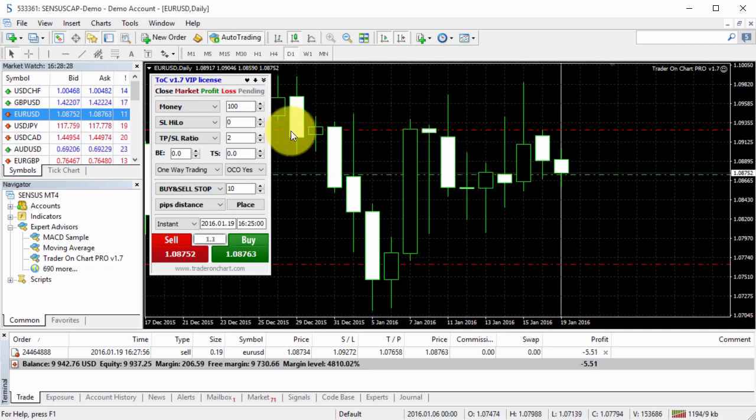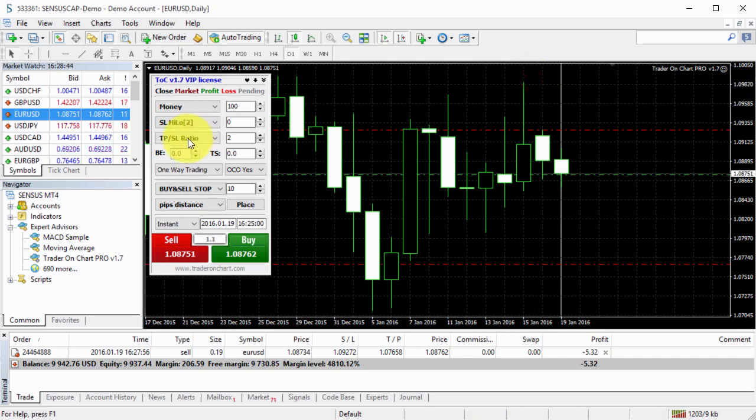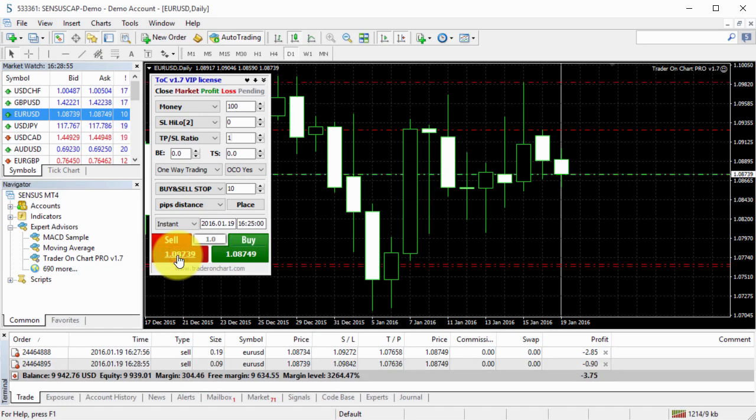Isn't it cool? So let's try another one. Let's try high-low 2. So this should use the second closed bar, price bar high, right over there as a stop loss. So let's say I will use TP and SL ratio of 1, that my take profit should be of the same size as my stop loss, and click the sell button again.